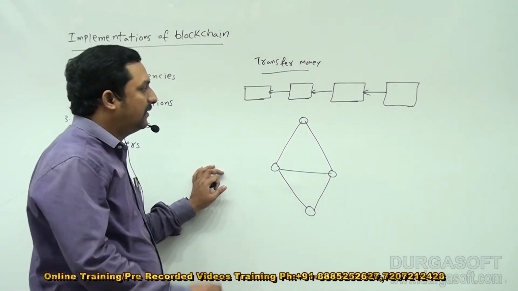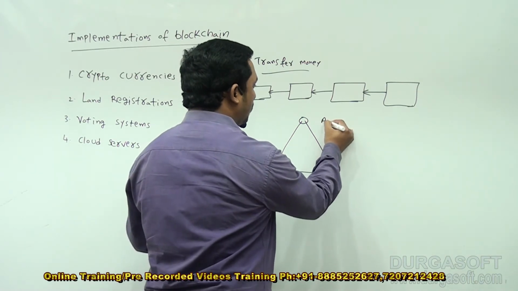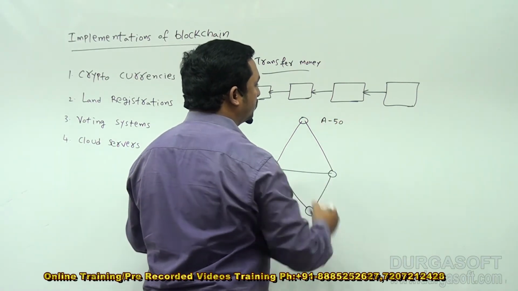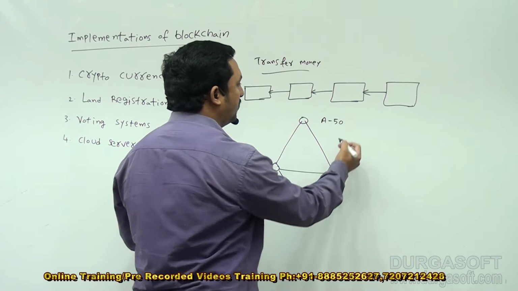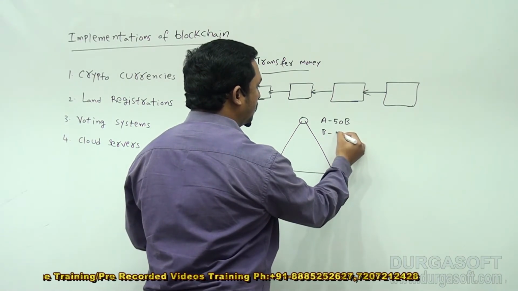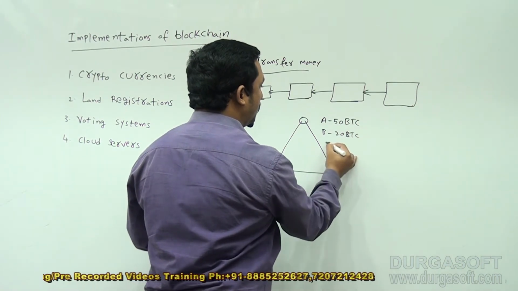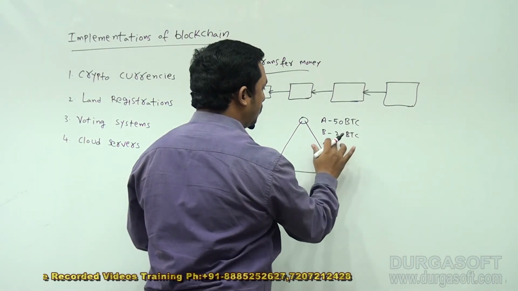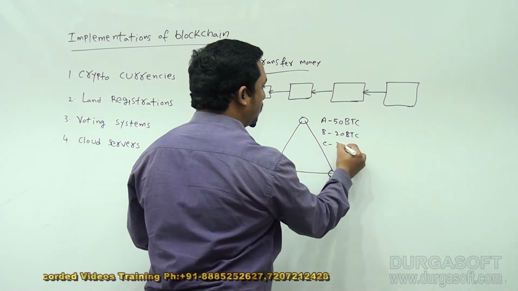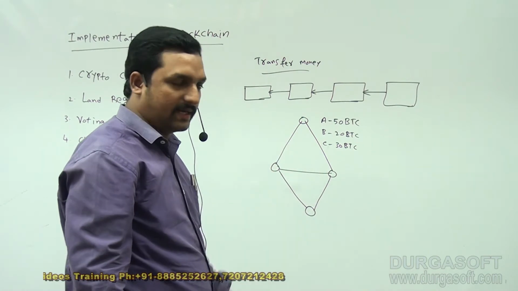For example, initially person A has 50 bitcoins, B has 20 bitcoins, and C has 30 bitcoins. This is the present situation, the initial status.